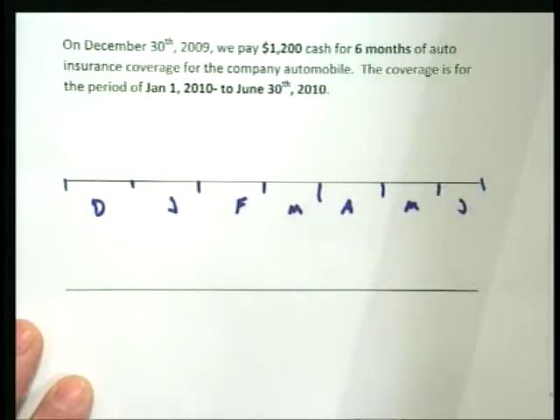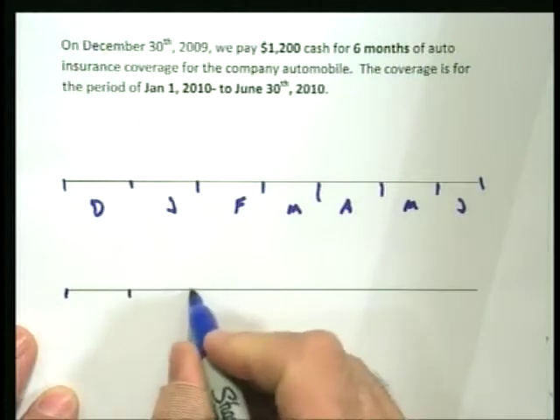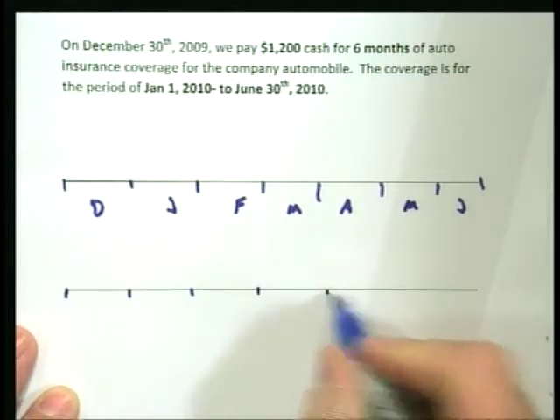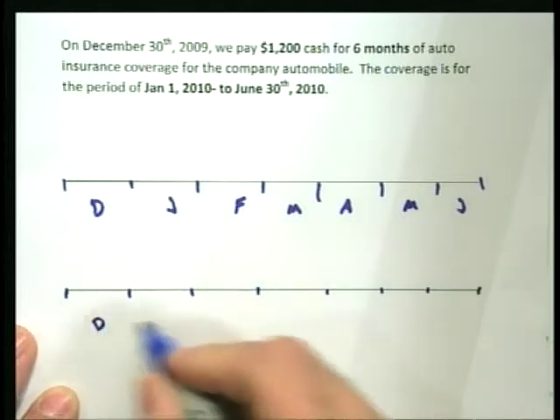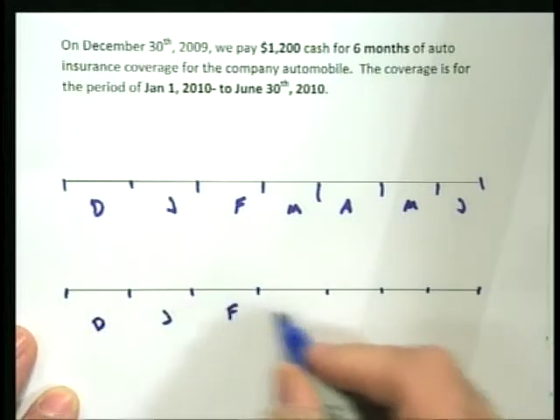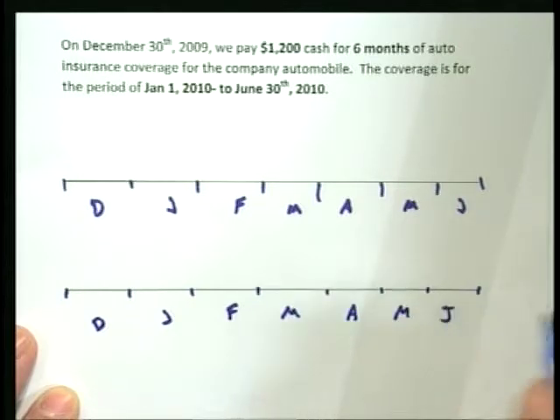All right? Now, let me do that actually twice. This is December, this is January, February, March, April, May, and June.